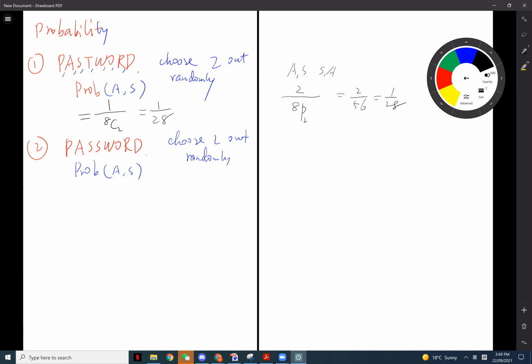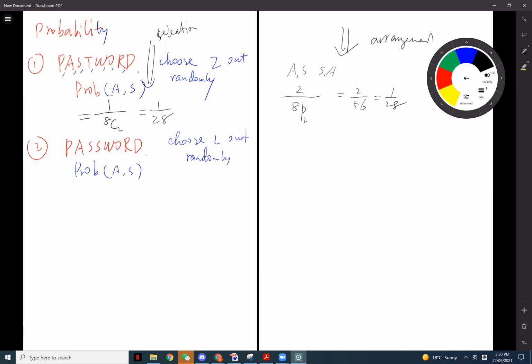Same answer. If you think about arrangement, you use permutation. If just selection, you use selection or combination.